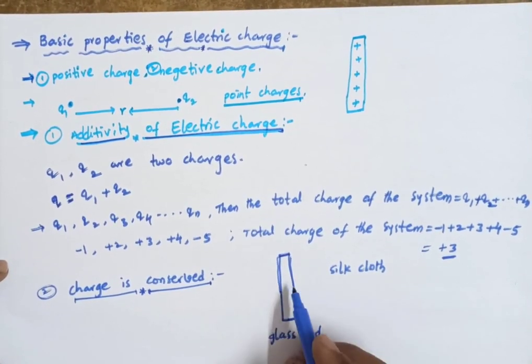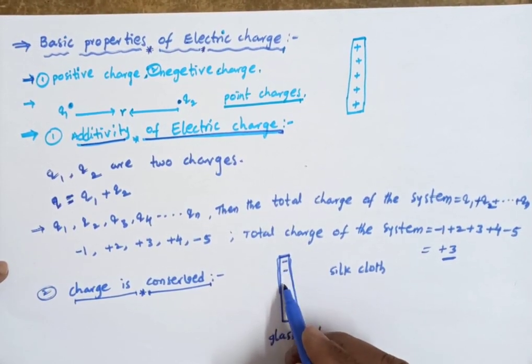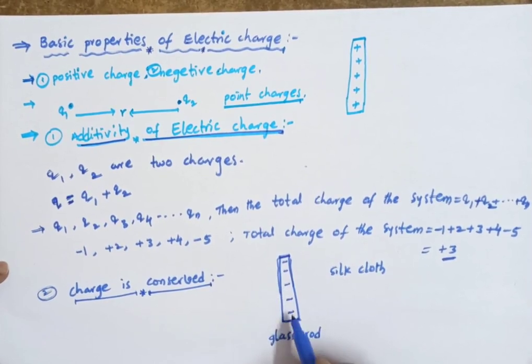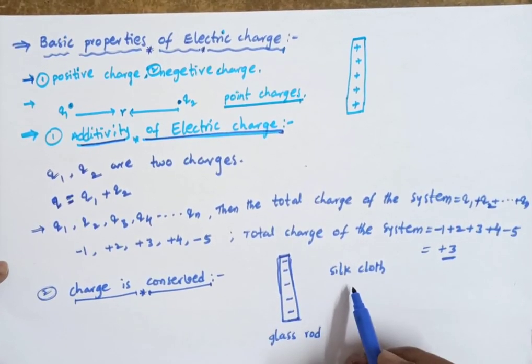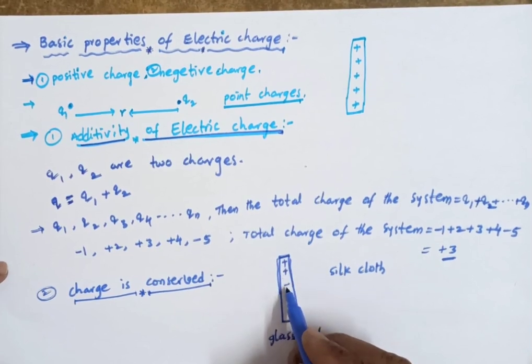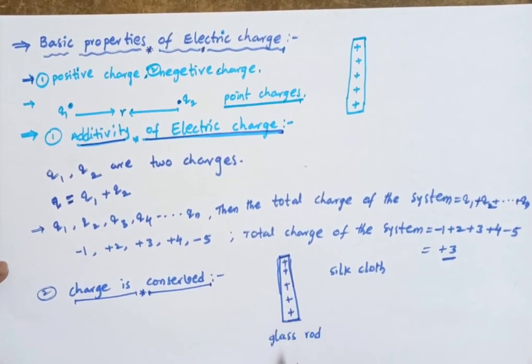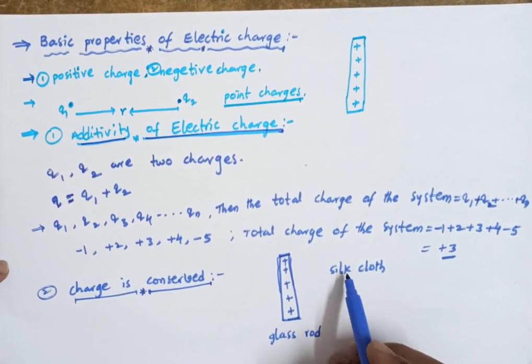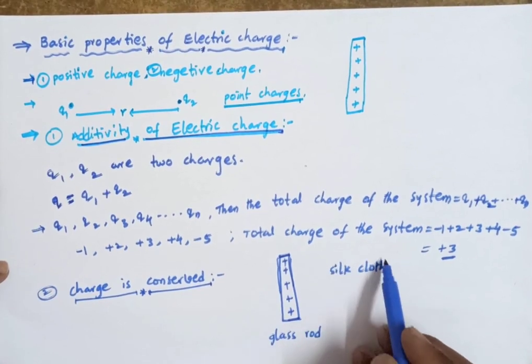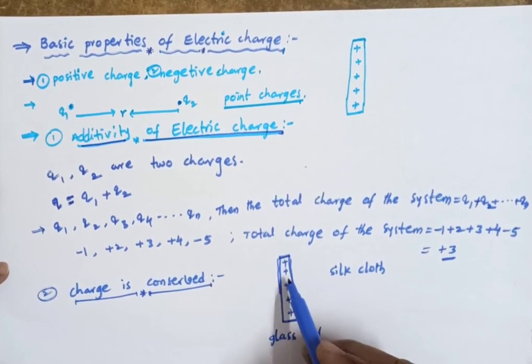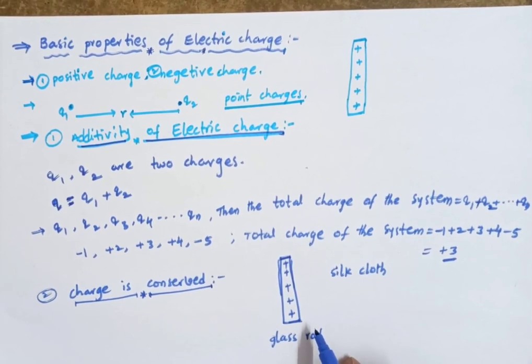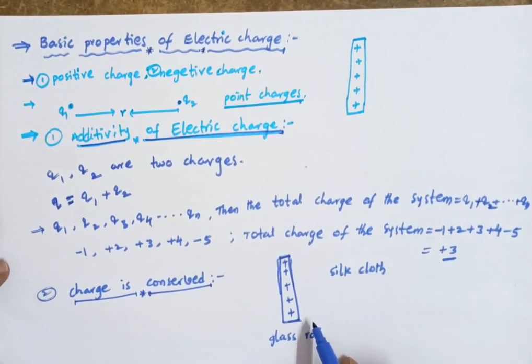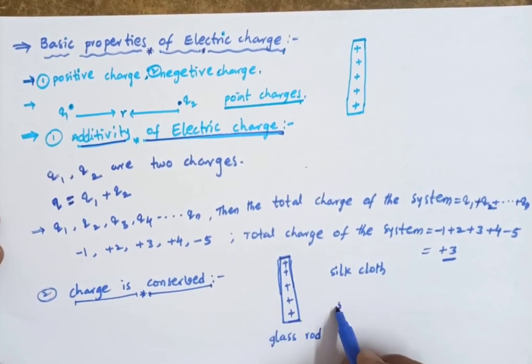The glass rod accumulates positive charge, and the silk cloth accumulates negative charge. So the glass rod loses certain electrons, for example 5 electrons.